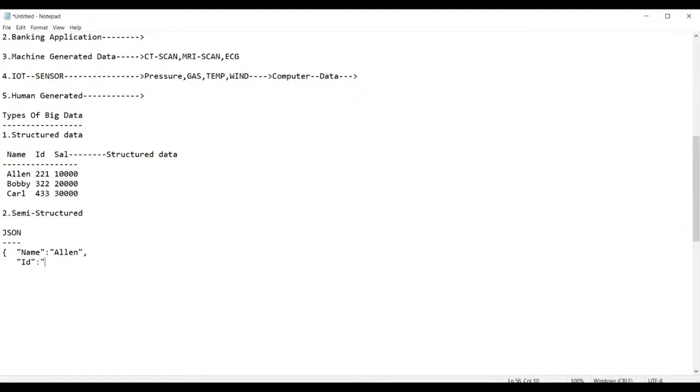Then, as it's numeric data, you can place it normally. Again, under this, you have salary. This is also numeric data, so you can leave it as it is, do not place it under quotes. And finally, after this is done, the data is closed with the braces.